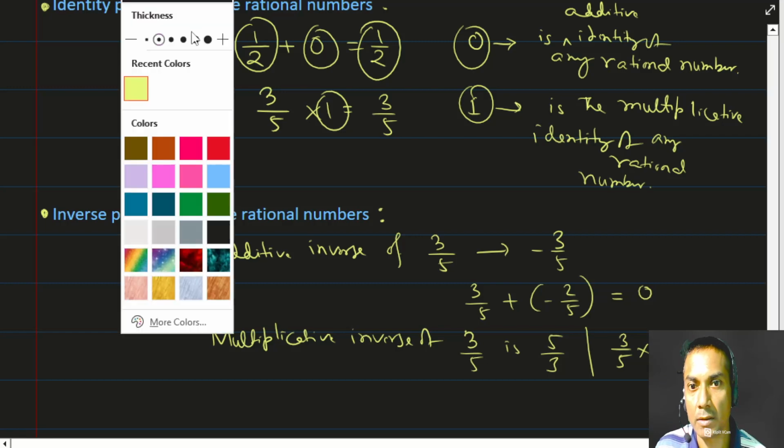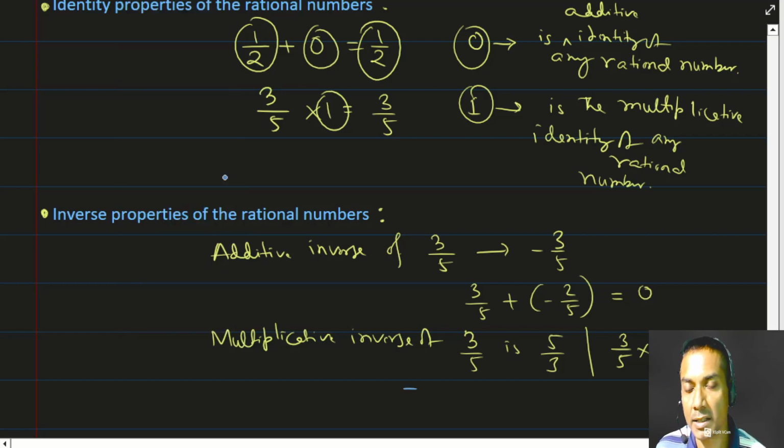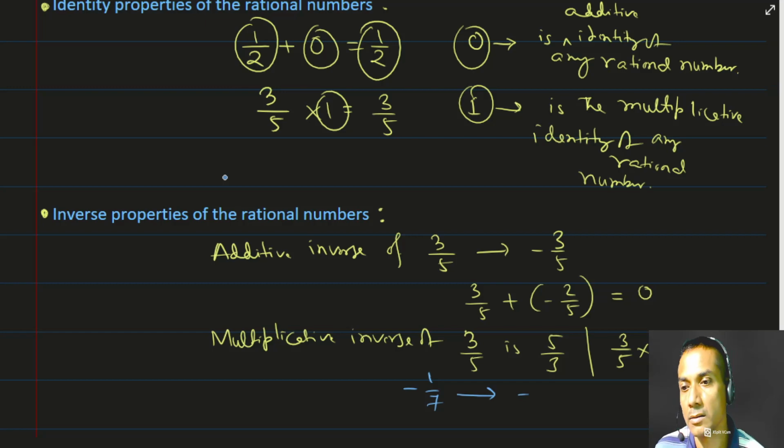For example, if we consider minus 1 by 7, what is the multiplicative inverse? We have to get the result 1.